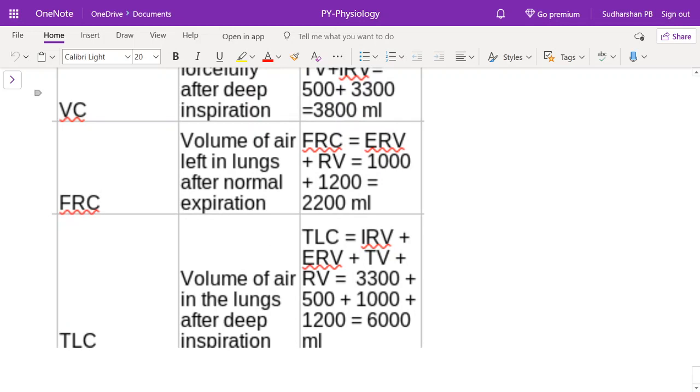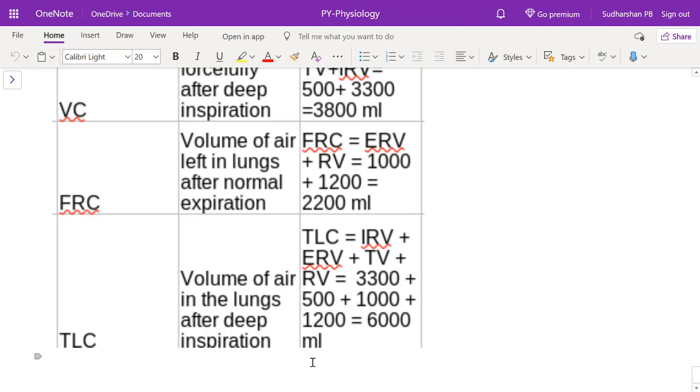Total lung capacity is everything: IRV plus ERV plus TV plus RV. And it is the volume of air in the lungs after deep inspiration. So if we sum up all, 3300 plus 500 plus 1000 plus 1200, we will get 6000 ml. That is total lung capacity.